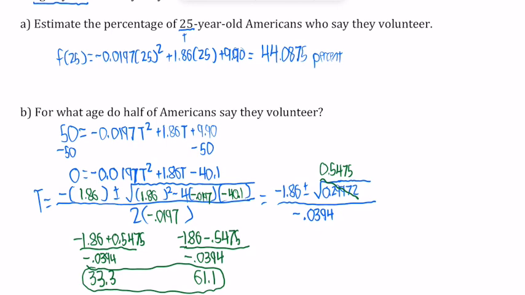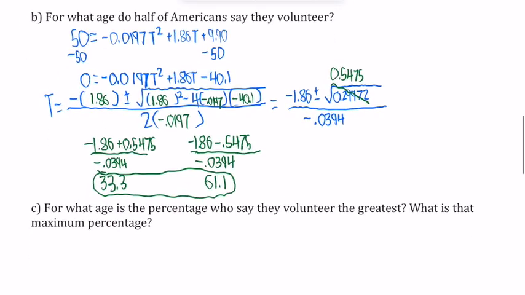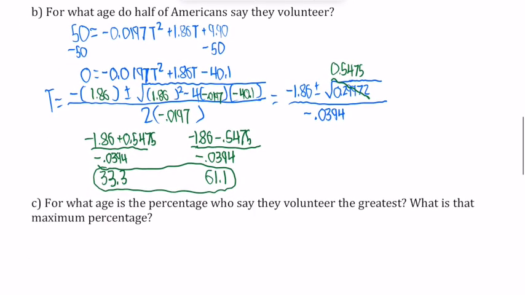Now our last problem, part C, says for what age is the percentage who volunteer the greatest and what is that maximum percentage? This is going to be calculated using our vertex formula. When you're finding a maximum or minimum for a quadratic function, we need to know where the vertex is. B for this function is 1.86.